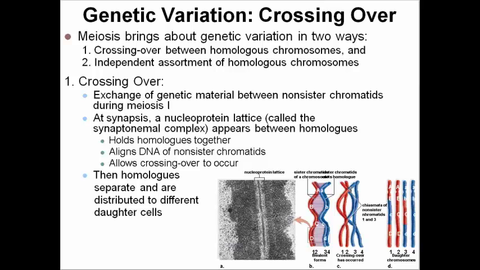You're swapping segments. So if you want to personalize this, which might be disturbing for you, think about your parents. The chromosomes of your parents were scrambled in this manner before they made you. In your mother, let's say, there was a chromosome from your maternal grandfather and your maternal grandmother, and that's the only place that your mother could have gotten those chromosomes. And so you only got one of those, obviously.